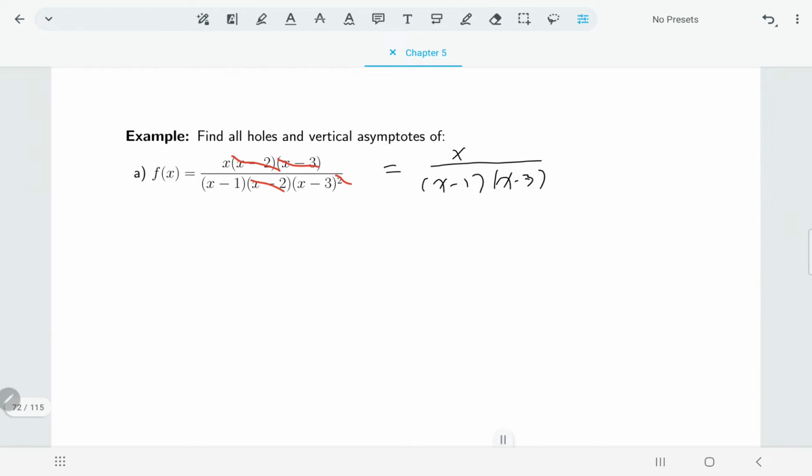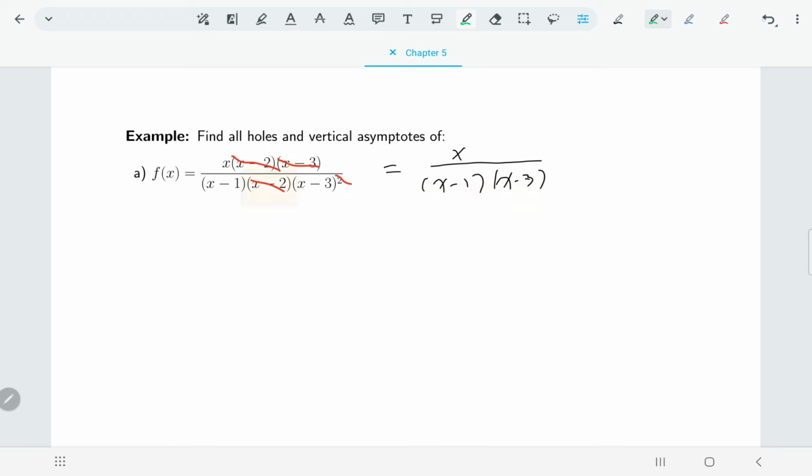Okay, so if we're looking back at the original function that we had, we could see there were 3 excluded values. Clearly there was a 1 excluded value, a 2 as an excluded value, and a 3 as an excluded value. The x minus 2, that gave us the excluded value of 2, that factor was completely removed.